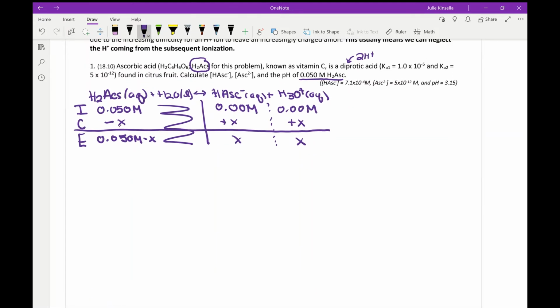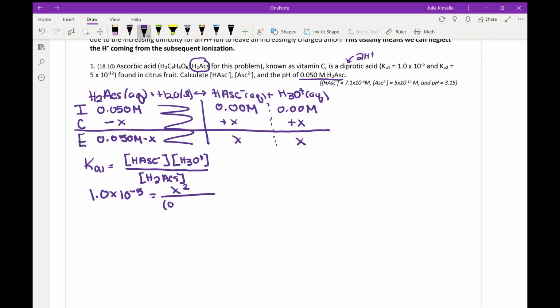All right, so our Ka, and we're going to specifically use Ka1 here, is our products over reactants. So we have our anion, which is just the conjugate base of our weak acid, times the hydronium ion concentration over the concentration of our weak acid. And we know from yesterday, we can then go ahead and do 1.0 times 10 to the -5, and that's our Ka given to us up in the problem, equals x squared over 0.050 minus x.